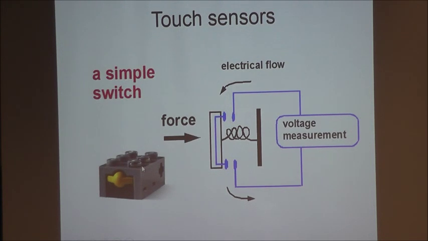A touch sensor is essentially a simple switch. When you touch a physical environment, you push on some part of the sensor, which, when you push it long enough, closes this circuit.